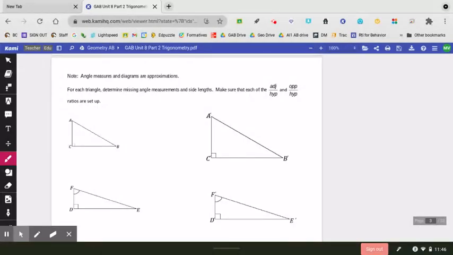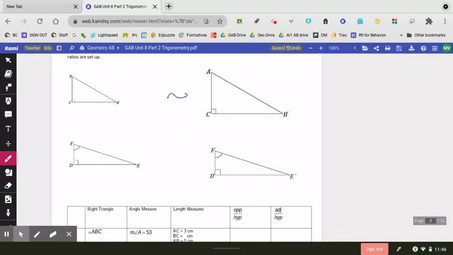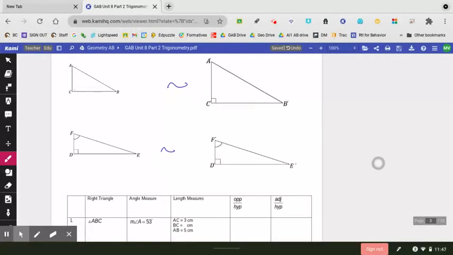ABC is similar to A prime, B prime, C prime, and FED is similar to F prime, E prime, D prime. In triangle ABC, if angle A is 53, we're going to say that AC is 3, BC we need to figure out, and AB is 5.